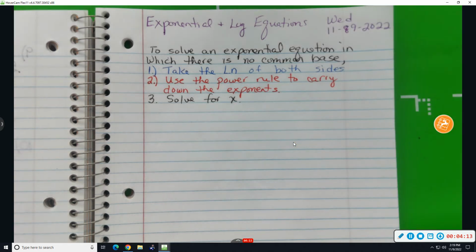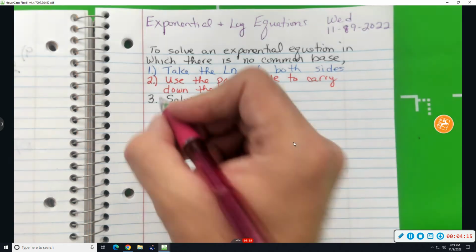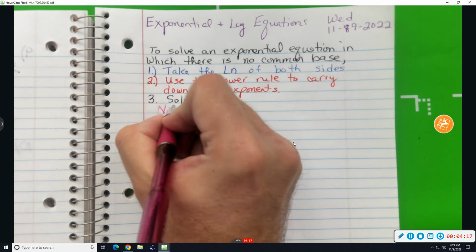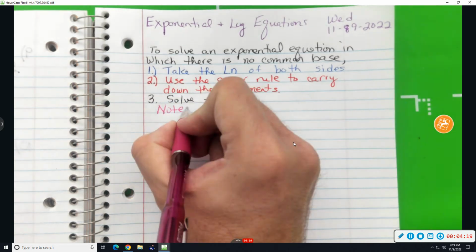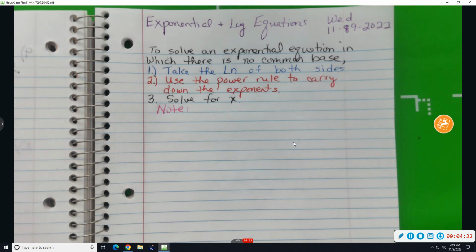Let's make a note. Ooh, that pink is sort of hard to read. Let me just put my note in black.